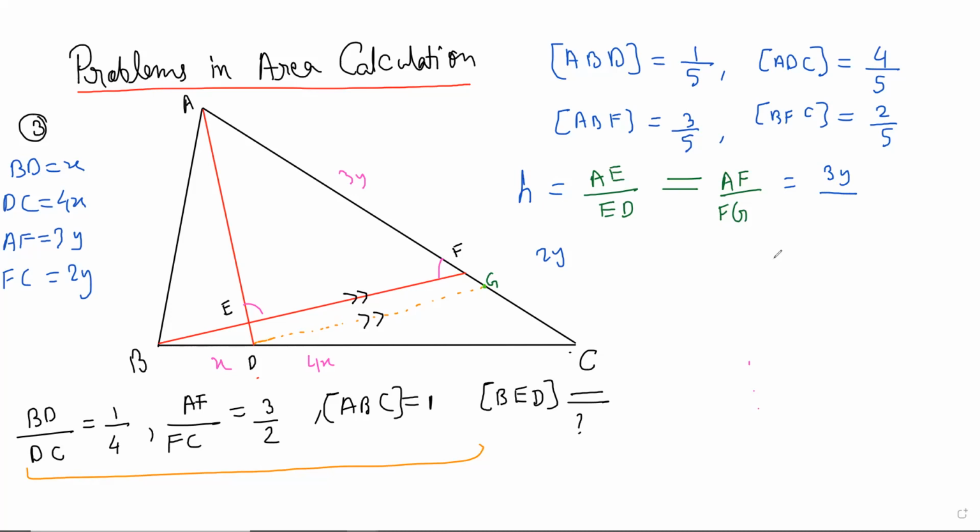No, no, no. Why? What is h here? That is not the AE by ED is h. No, no, no. It's not height. It's not perpendicular, right? And maybe there will be a case where you can assume that also, but that may actually simplify the question. Okay, taking this as the perpendicular, right? But I don't think it will. In the end, this ratio will still remain a question mark, right?